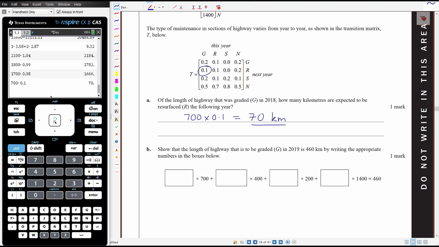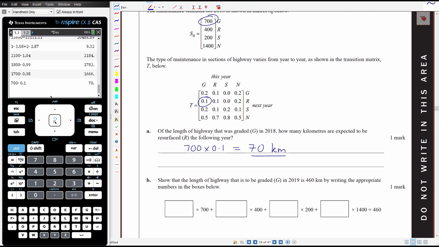Show that the length of highway that is to be graded in 2019 is 460 kilometres by writing the appropriate numbers in the boxes below. If we were working out the 2019 numbers, we would be doing our transition matrix multiplied by the 2018 numbers, which are 700, 400, 200, 1400.